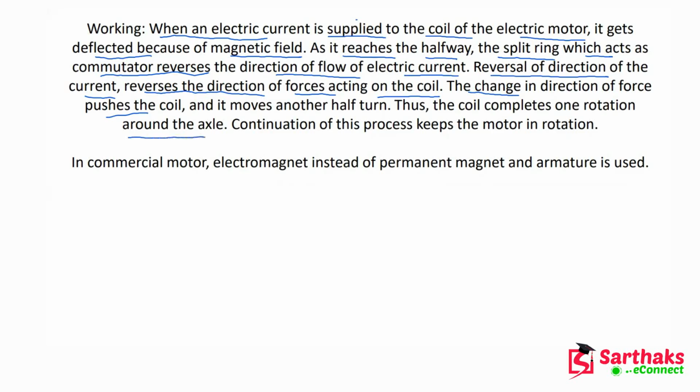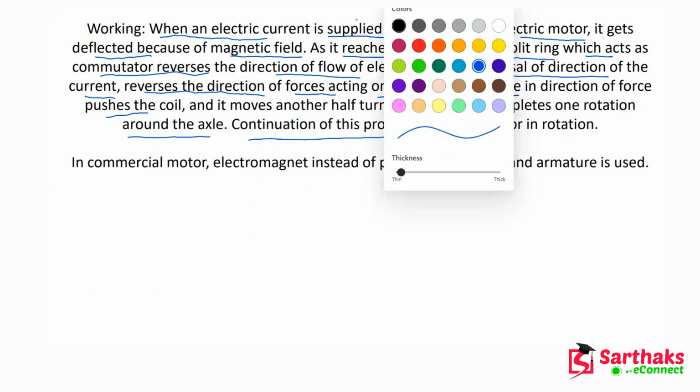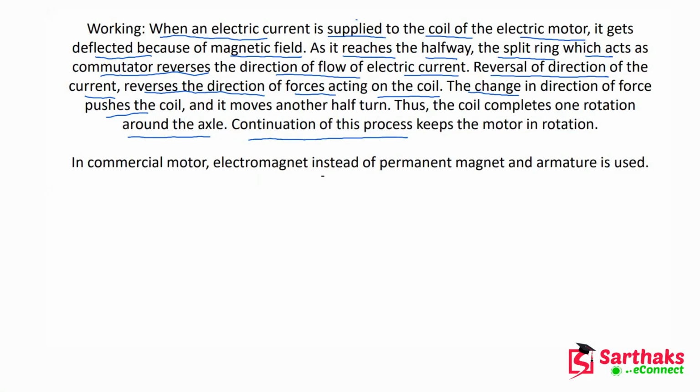Now we will understand what this is saying. Let's suppose this is a magnet. This is the north pole of this magnet, and this is the south pole. Let me draw this diagram a little bit up. So this is the magnet, north pole, and this is the south, and this is our armature.